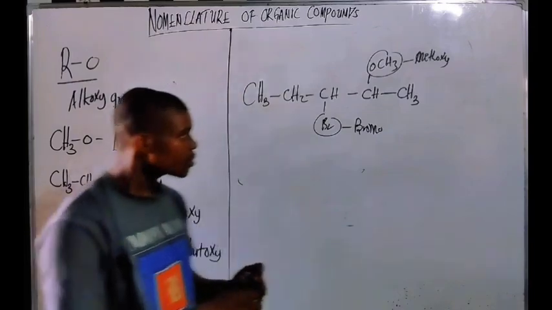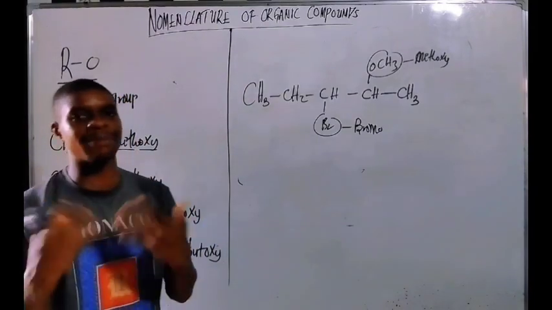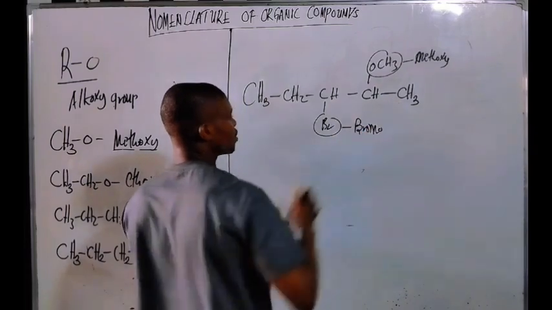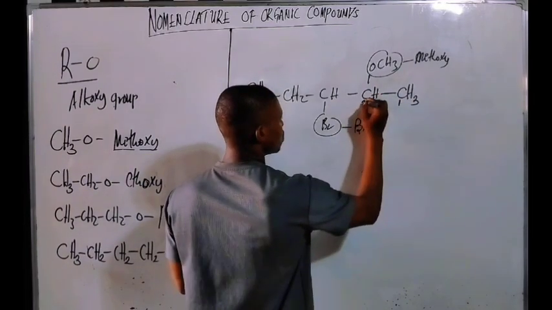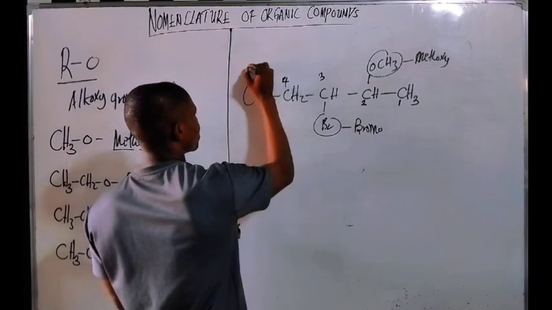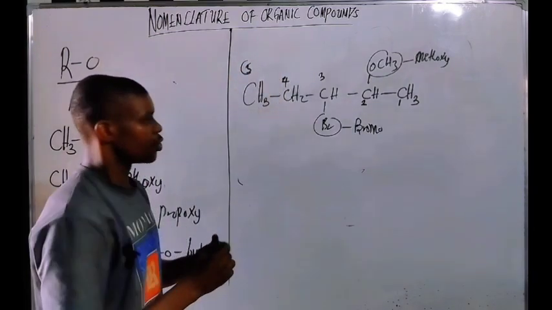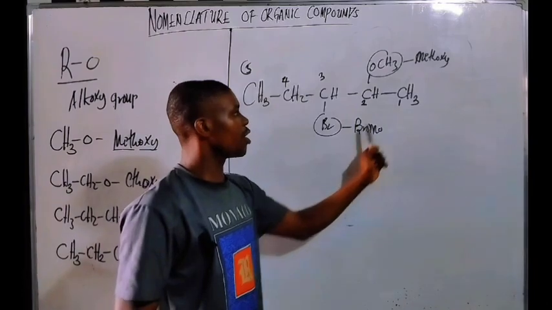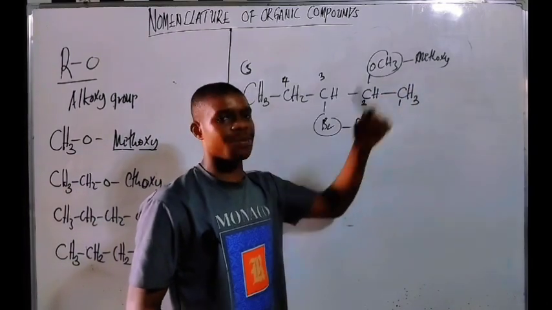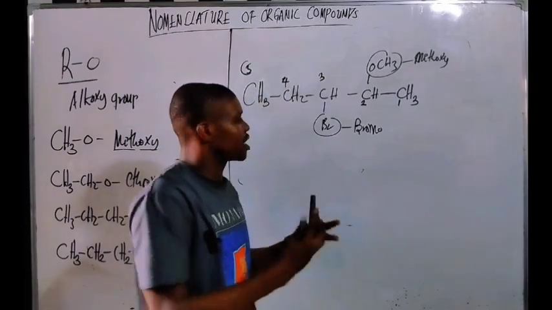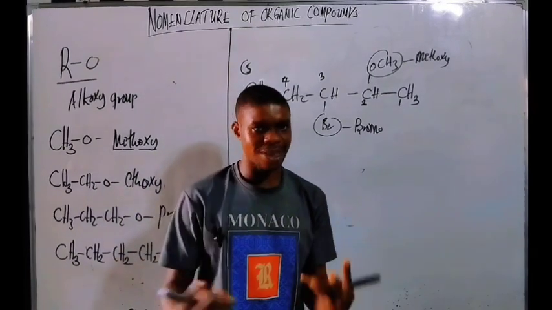If you have mastered the nomenclature of the alkane, you find that your numbering is going to start from this point here: 1, 2, 3, 4, and 5. So here we have bromo and methoxy. Bromo will come before methoxy, because methoxy is going to be a substituent.